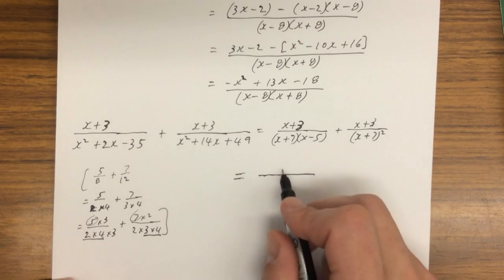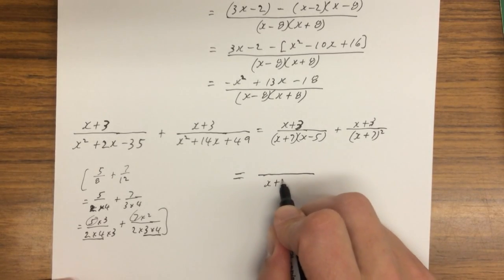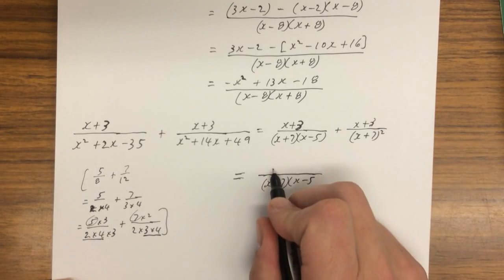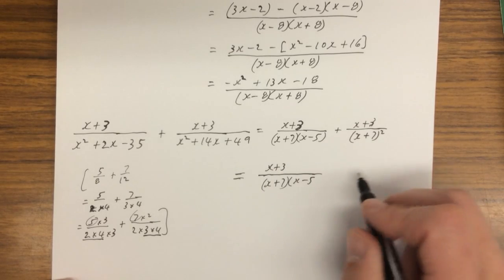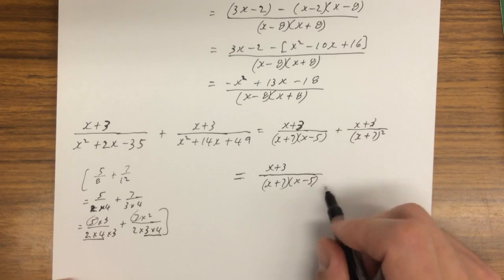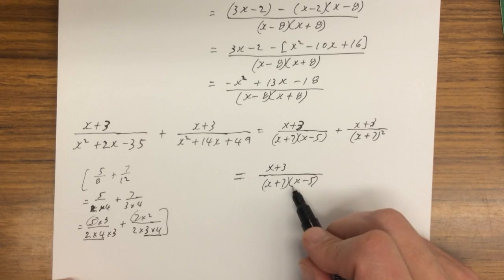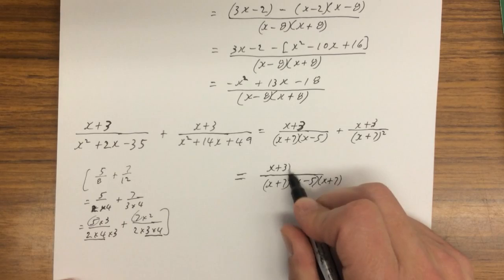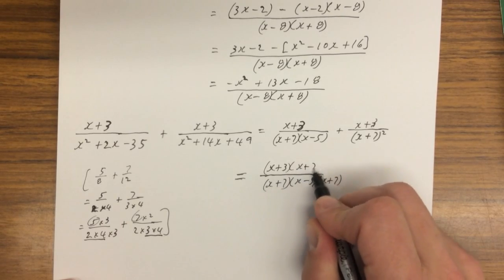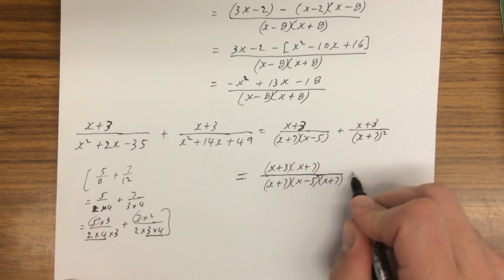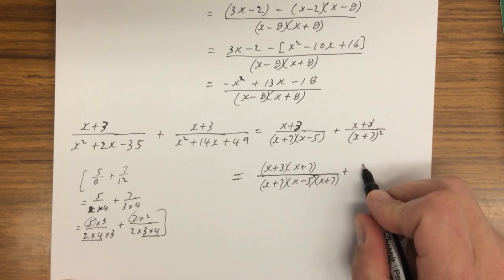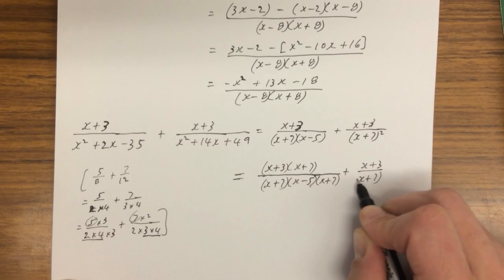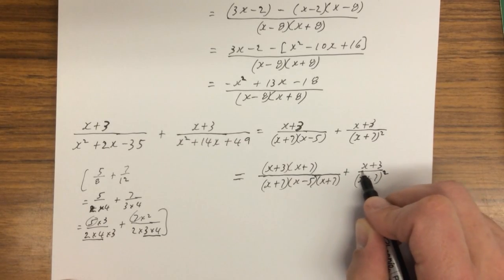Okay, so we've got x plus 7 times x minus 5 is the original denominator. On the top, we've got x plus 3. Okay, we need an x plus 7 squared in order to match that one, so we're going to multiply by x plus 7 again, but we have to do that to the top as well. Okay, and then on here, we've got x plus 3 over x plus 7 squared.